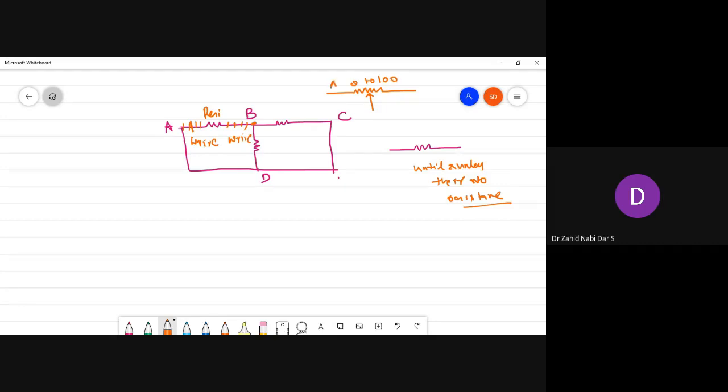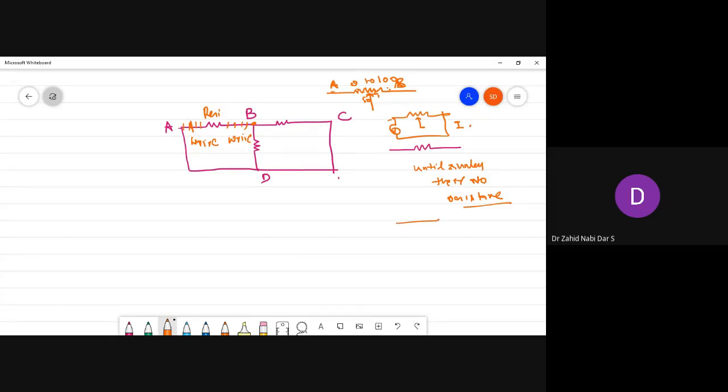If I'm writing this point A, this point here cannot be A, because if you vary this, it can be 100, it can be 50 if you keep it in the middle. So this point is a changed point, its potential is not the same. If you are varying the resistance, if you are connecting a voltage over here, you will get a different current for different values, you will not get the same current.